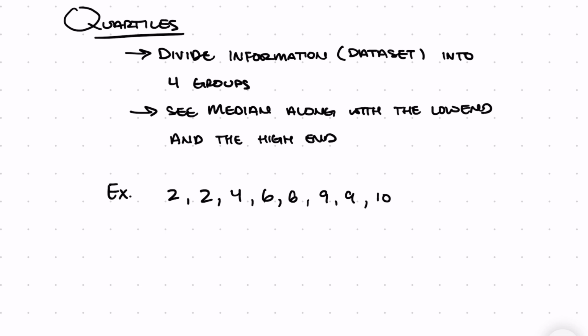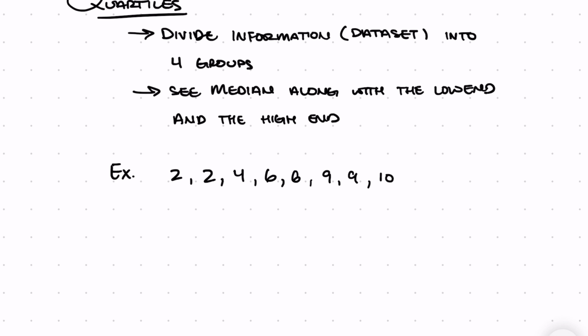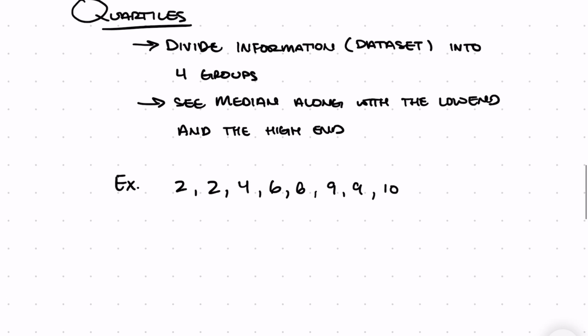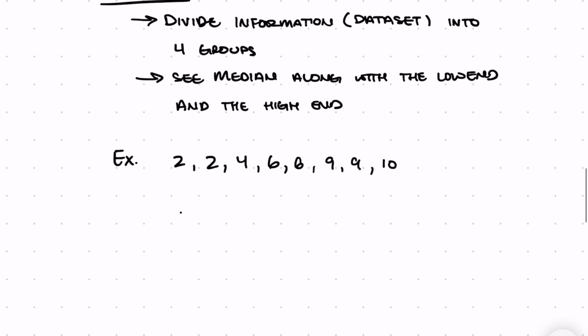So, let's say this is the average number of shoes that somebody has. We see that somebody here has 2 while the high end has 10. Let's say you're a shoe company. Why would you use this? Because you might want to see, will my shoes be popular? Will people want to buy an additional pair of shoes if they already have functioning ones? So we're going to split this up into different quarters.